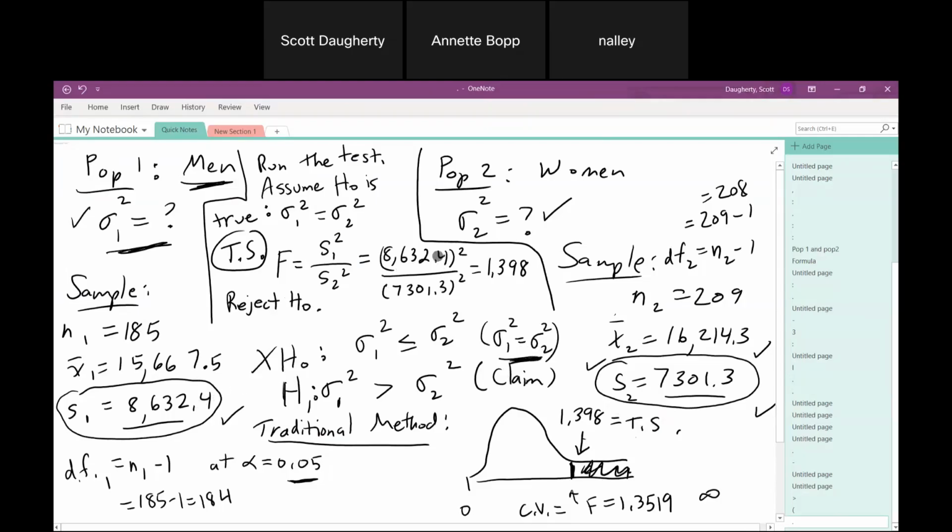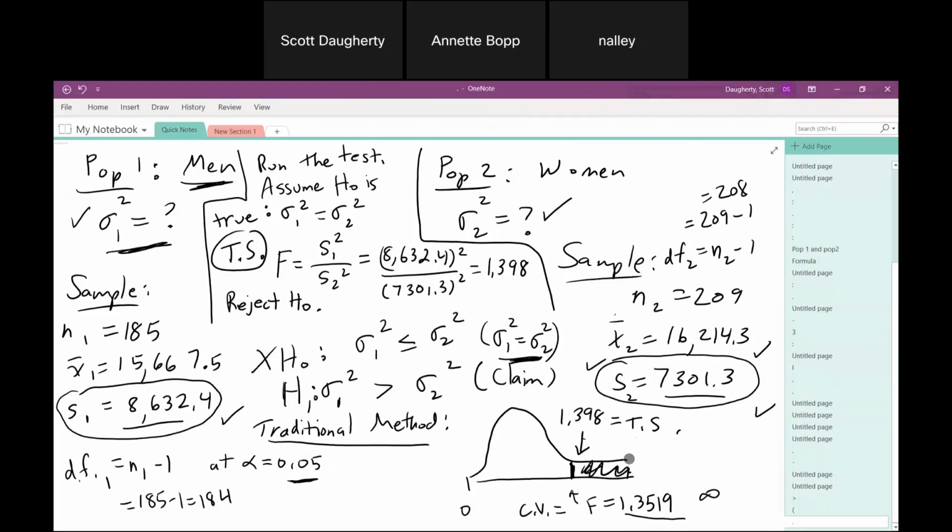Because when I took the ratio of the larger one to the smaller one, it's basically just the ratio of the two sample variances. The ratio is 1.398. And we already predetermined up front that anything with a ratio of more than 1.35 is going to be too far apart. So we're comparing ratios here to decide whether they're far apart.